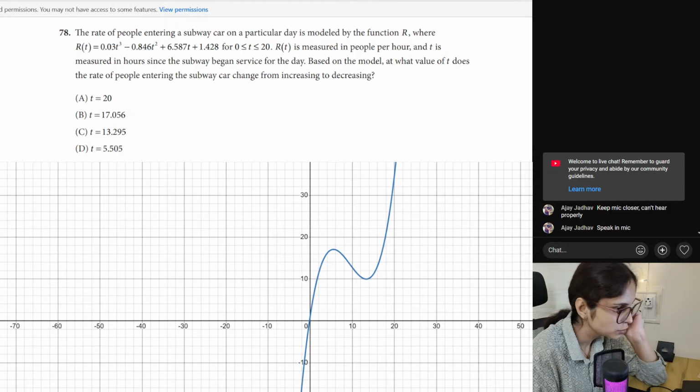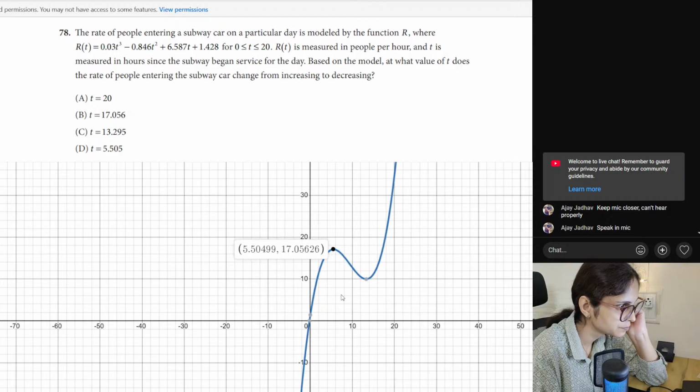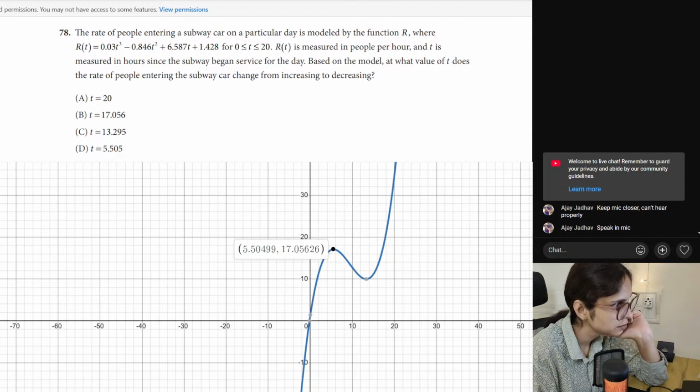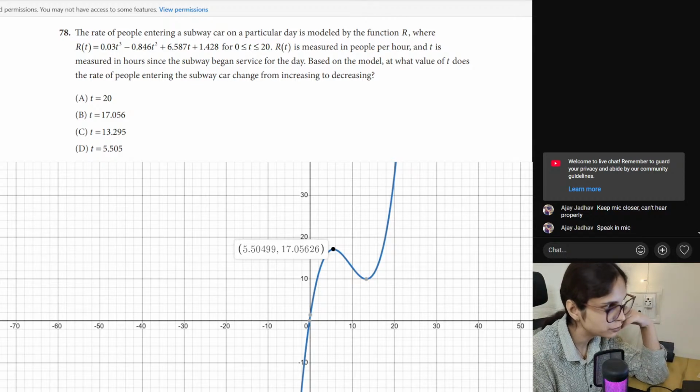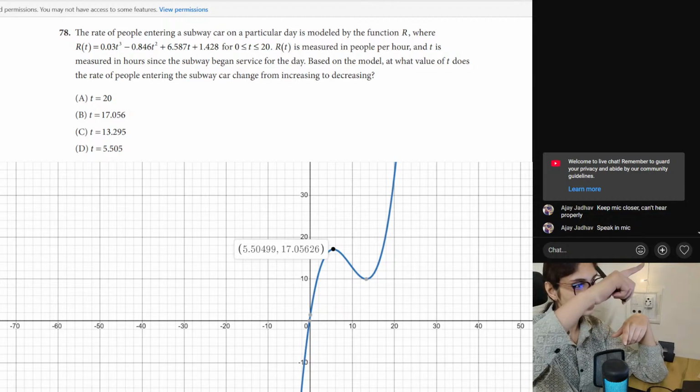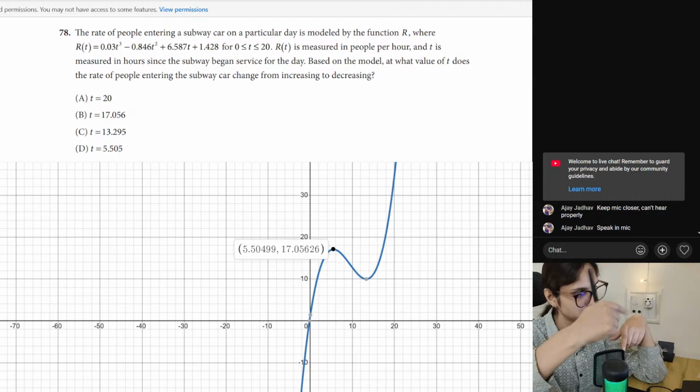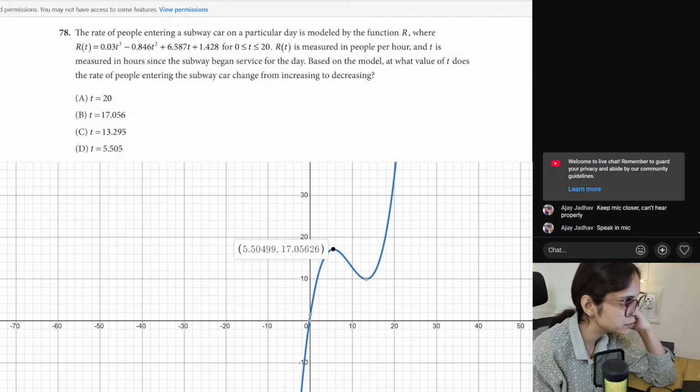So it is this point, because you're increasing and then you decrease. And the value of t is 5.50499. So option D, 5.505. That's your answer. Because increasing to decreasing, there's a maxima. So looking for a maxima, that is 5.5049, and approximately that is 5.505.